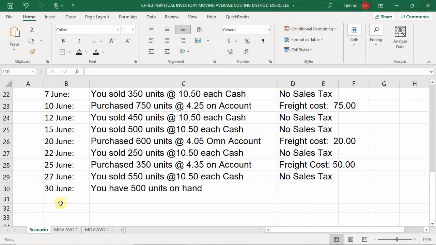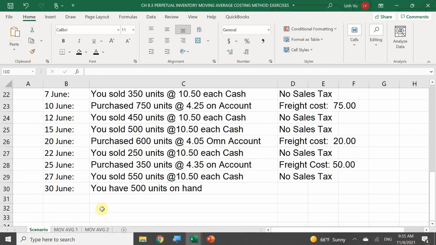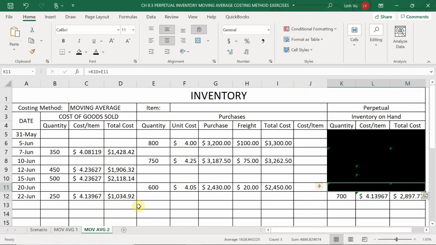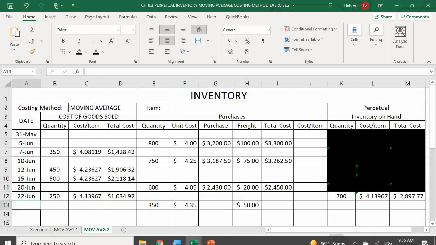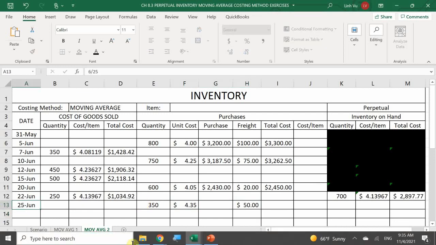So then, on June 25th, we purchased 350 units at $4.35 with a freight of $50. So 350, $4.35, $50 on June 25th.